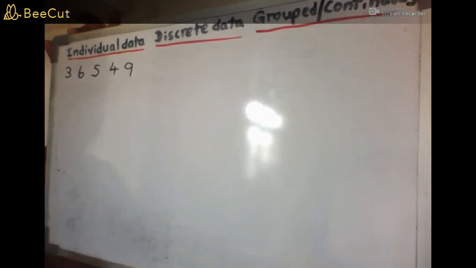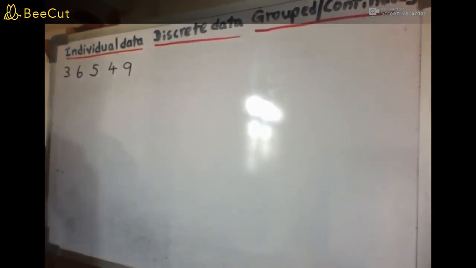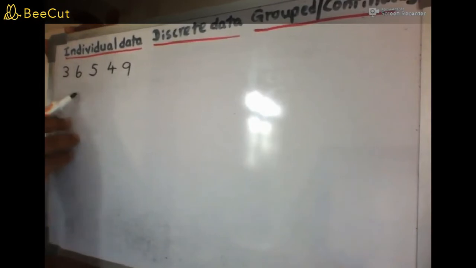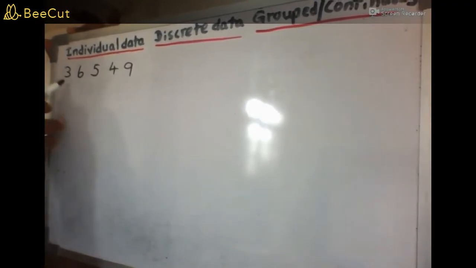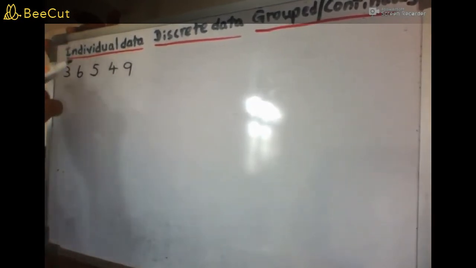Individual data means a particular mark occurs only once in the series. We'll say 3. Can you see another 3 in this series? No. 5. Any other 5? No. So a particular mark occurs only once. That means frequency is 1. Then they are called individual data.